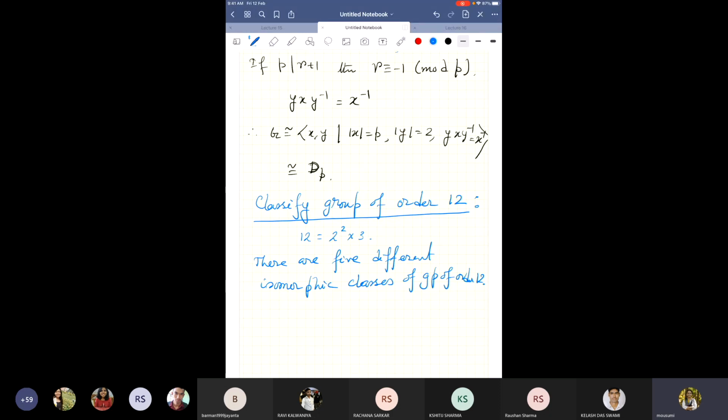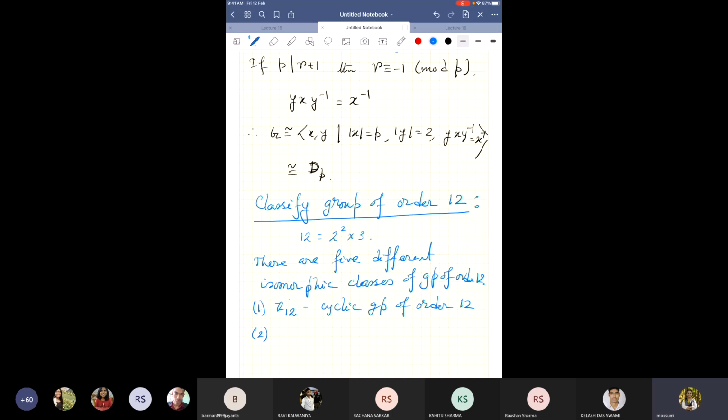So what are those? One will be, of course, the cyclic group of order 12.